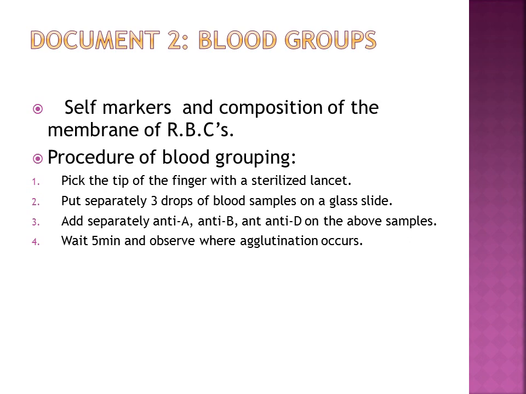But red blood cells don't have a nucleus, so they need specific markers. The markers that represent antigens of red blood cells are also called agglutinogens. These self-markers are present on the membrane of red blood cells.